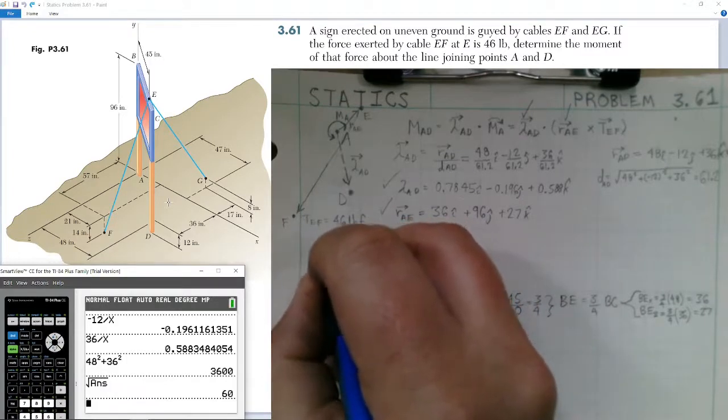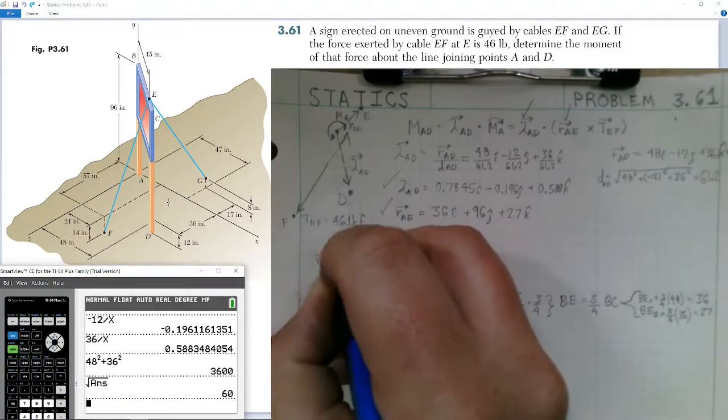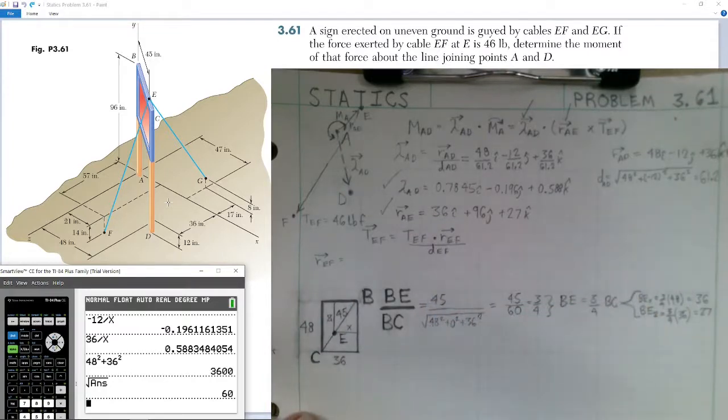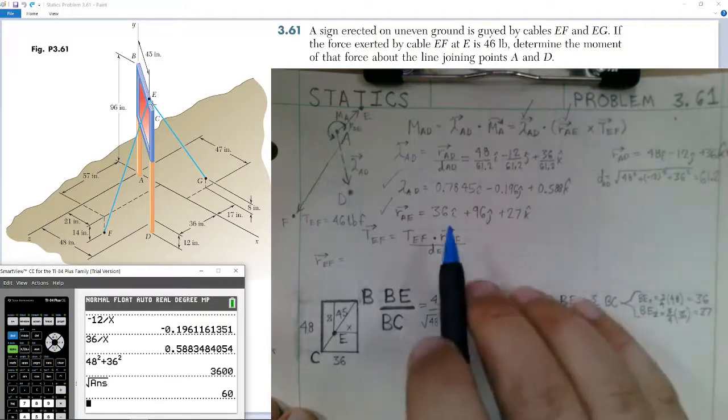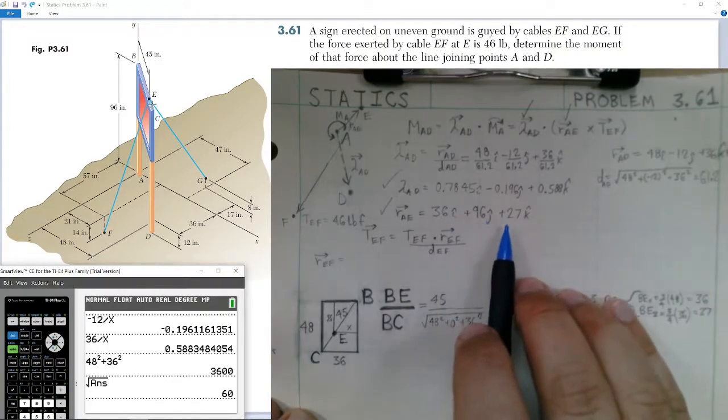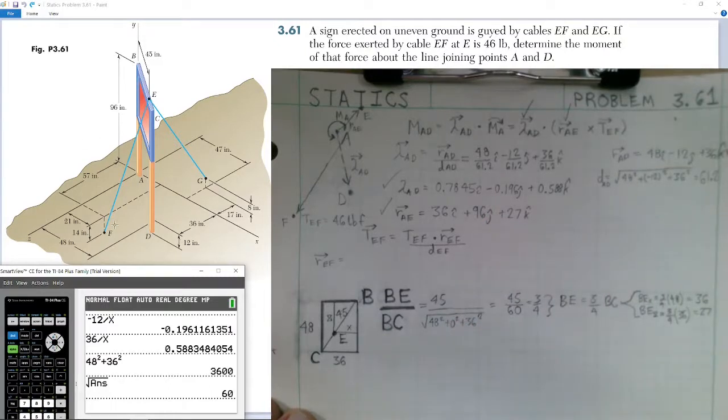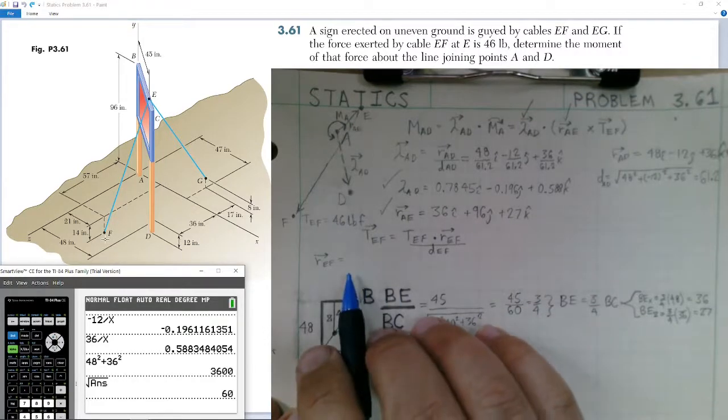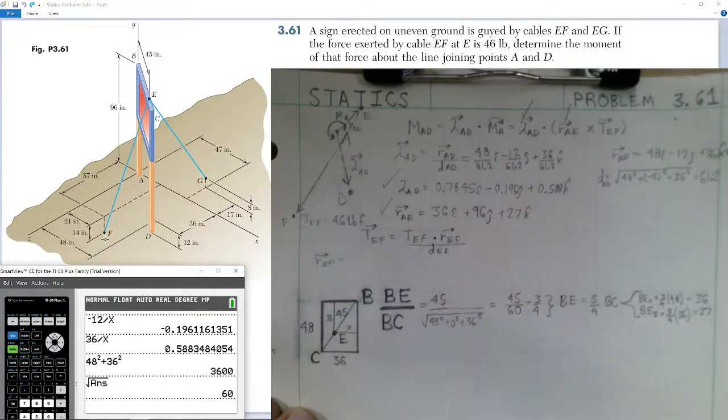So our position vector R going from E to F, we look on the diagram. We're starting at the position of 36, 96, and 27. So simply take the coordinates for point F subtracted by point E's coordinates in order to figure out what the position vector from E to F is. Point F appears to have come out in the x-axis direction by 21 inches.